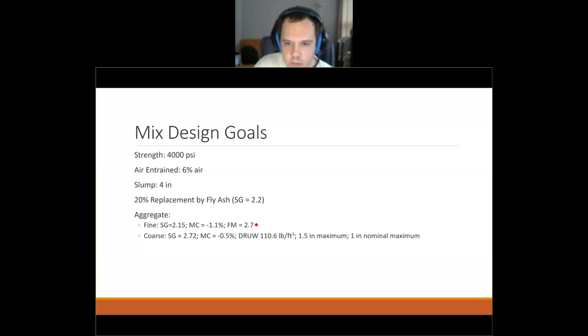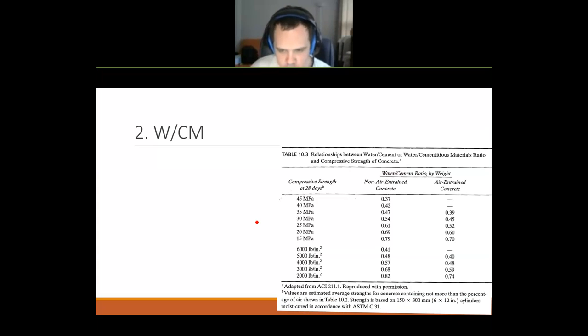Then we have our aggregate properties. We've done our aggregate lab and we've already measured these. All right, so first things first, we need our water to cement ratio, or water to cementitious ratio in this case.